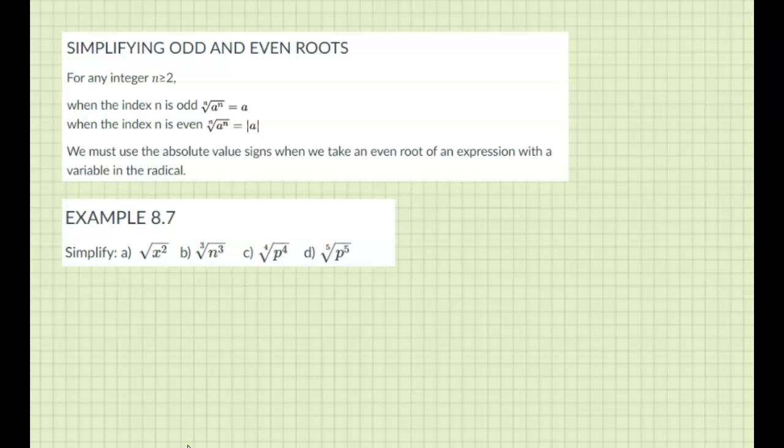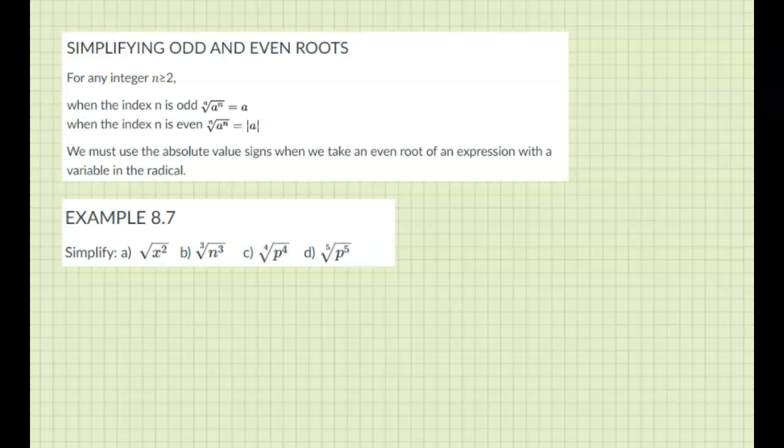again, we need to look at whether our index is even or odd, because stuff happens, right? Depending on whether it's even or odd. So when the index is odd, then when I take the nth root of a to the n, I just get a. So basically, these numbers divide.